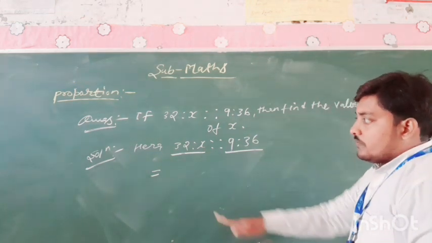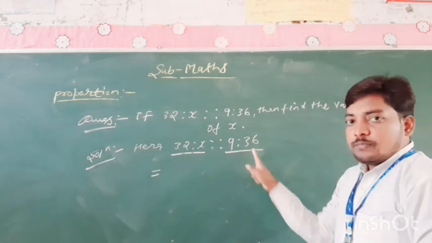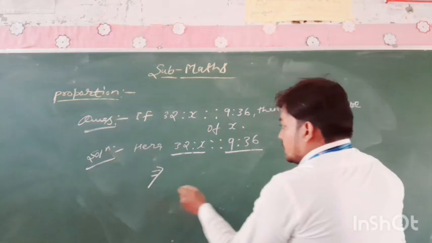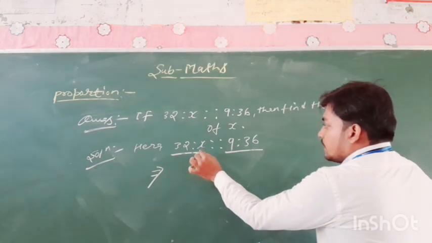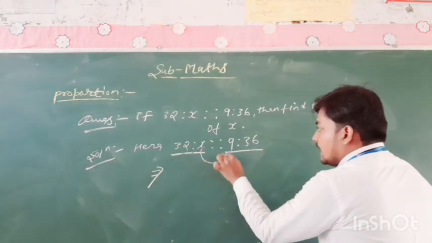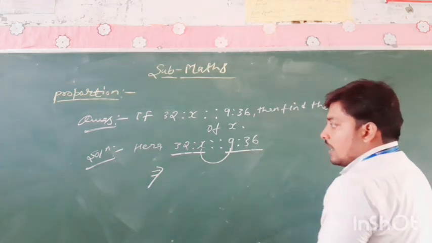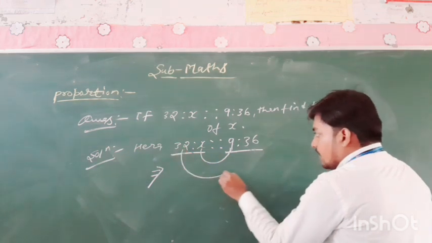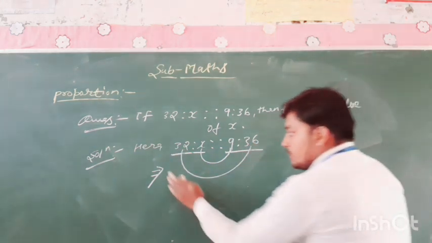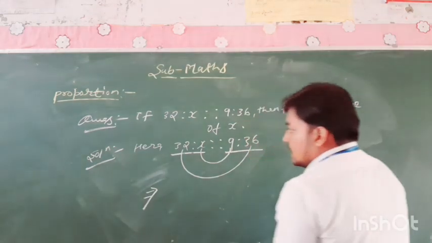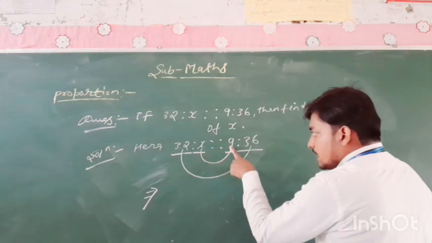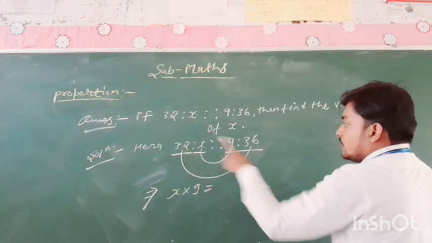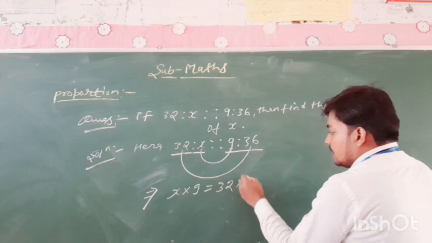If two ratios are in proportion, then the product of means is equal to the product of extremes. So the product of x and 9, which is x into 9, is equal to the product of 32 and 36.